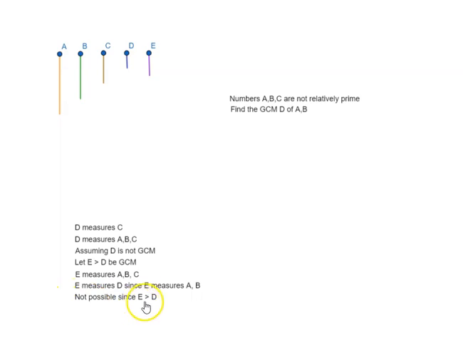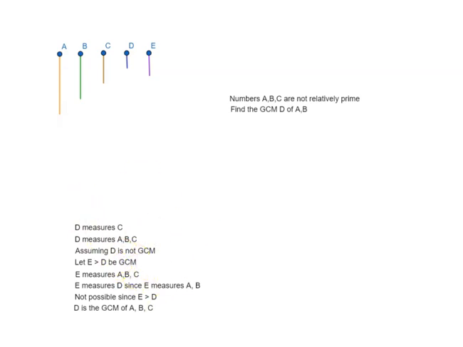Why? Because since E is greater than D, a larger number cannot measure a smaller number. So which means D is the GCM of A, B and C.